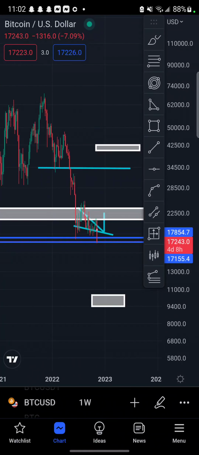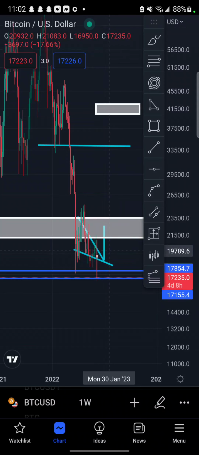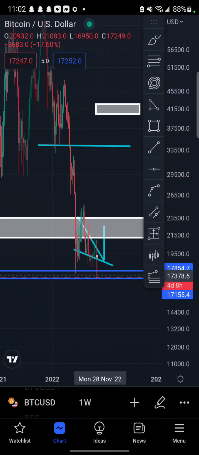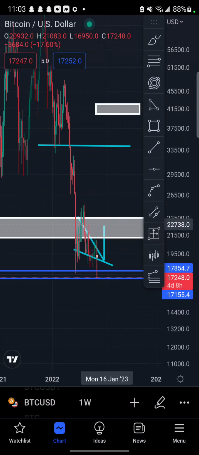All right, so once again, if we get above or stay above these targets, $17,000 and $17,700, then we are able to head up higher to these targets. Once we get above these, we can head up to 18,900, get above and head up to the target of 22,000, get above this resistance level at 23,000.